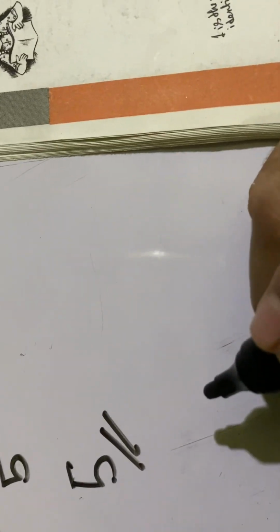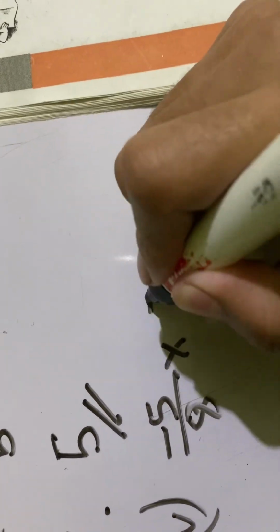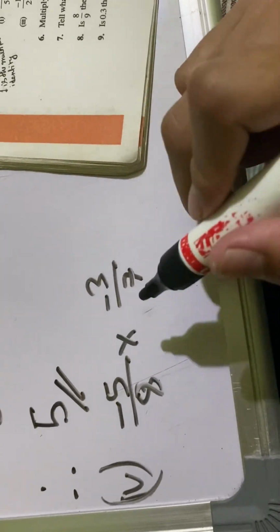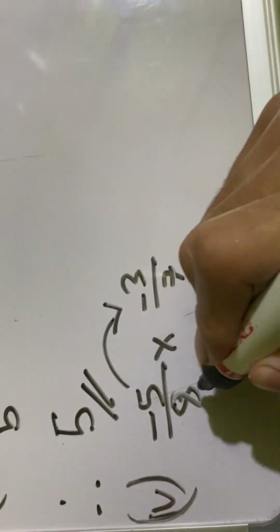Question number 4 is minus 5 by 8 into 3 by 7. So before we find the multiplicative inverse, we have to multiply this term with this term and this term with this term.